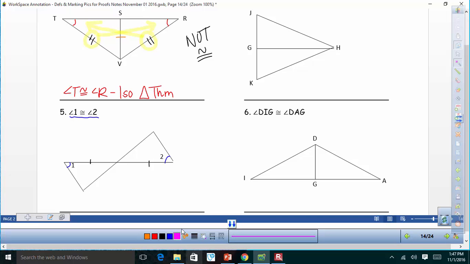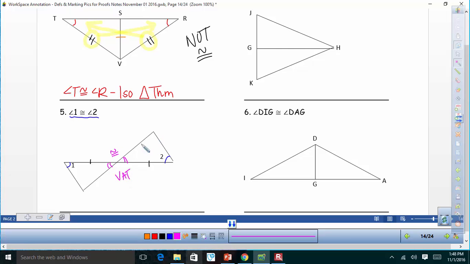Now, there is something in the picture that is not labeled, but is congruent. Very good. Okay, we have vertical angles right here. So this angle and this angle is congruent. So I'm going to put congruent, and I'm going to put VAT here.